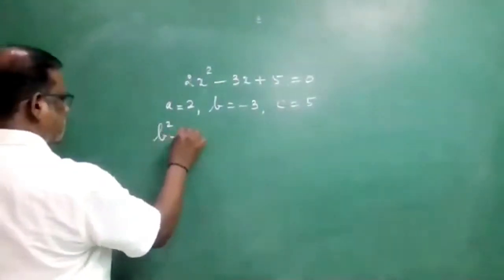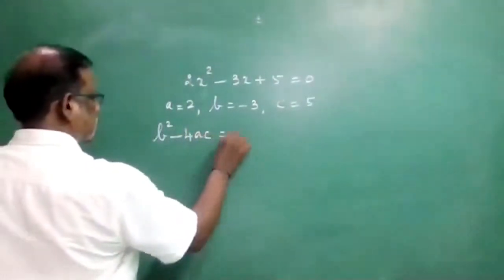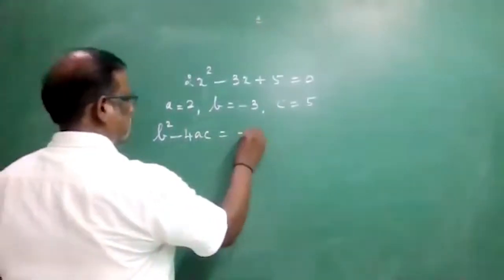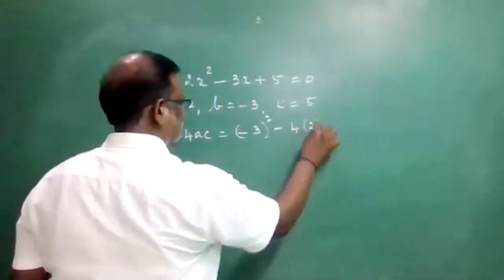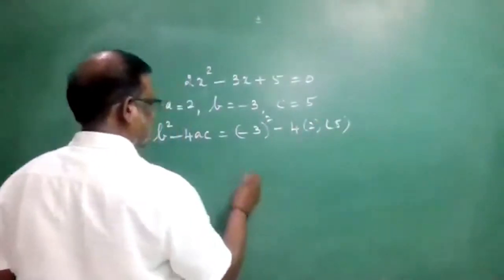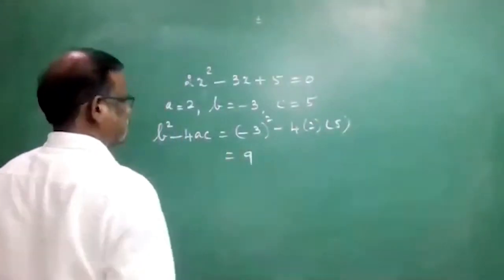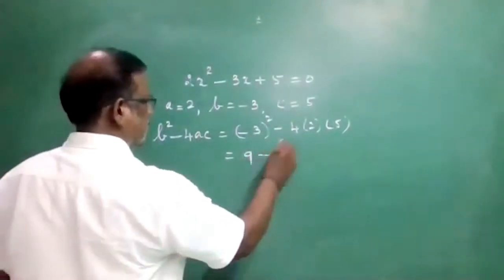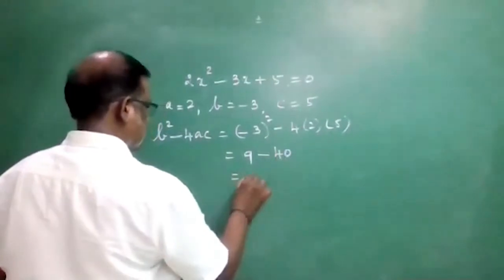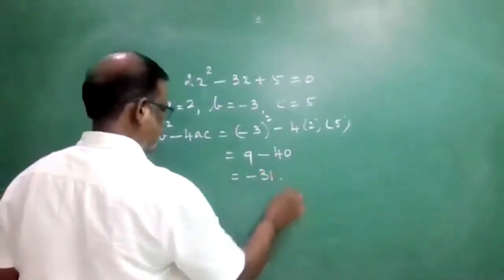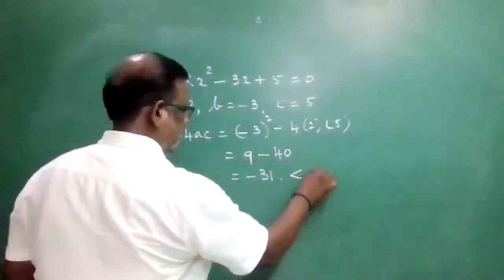So b square minus 4ac, the discriminant, will be minus 3 whole square minus 4 into 2 into 5. That is equal to 9 minus 4 2s are 8, 8 5s are 40. That is equal to minus 31, which is less than 0.